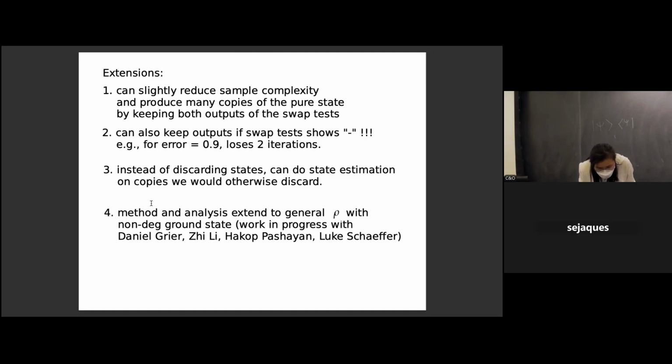So that's a little crazy. And an extension that we did work on, and we have the result, is to extend the purification problem to a general mixed state that has a gap between the maximum and the second largest eigenvalue. That is with Lydia and with Daniel and Pekov and Shidi.